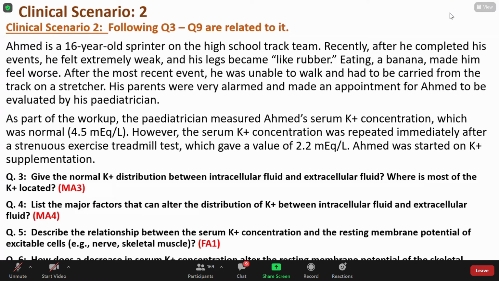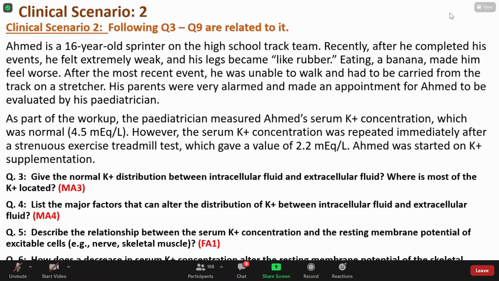I think, Shifa, you need to look at certain hormones also. Insulin is very important for moving potassium inside the cells, and aldosterone too. The other important thing is acid-base balance.